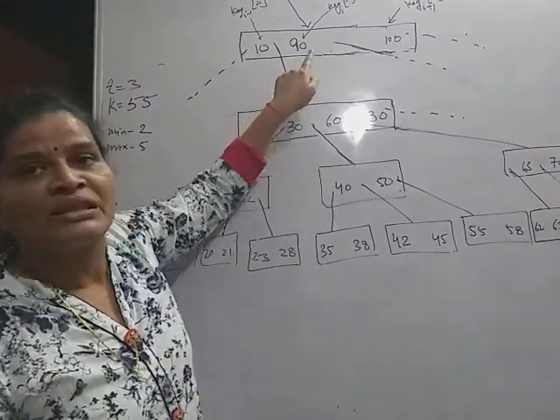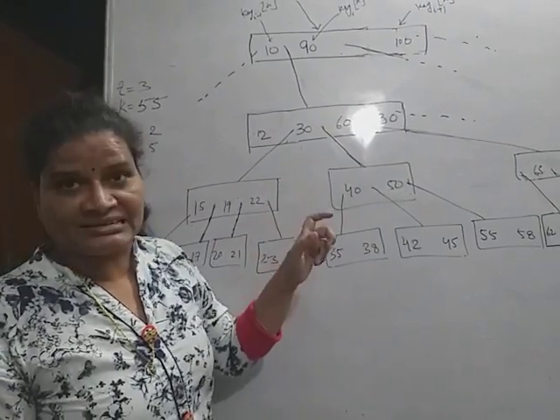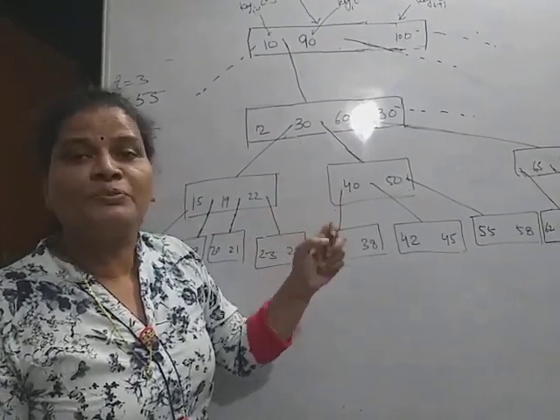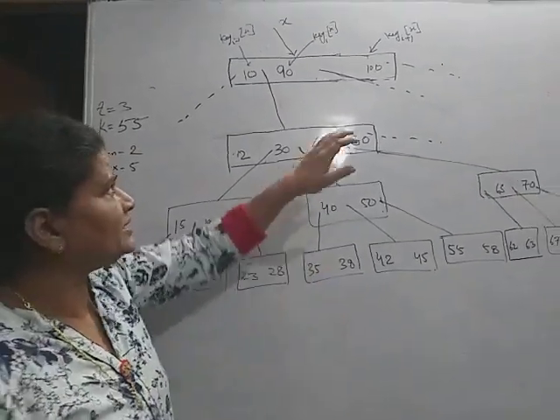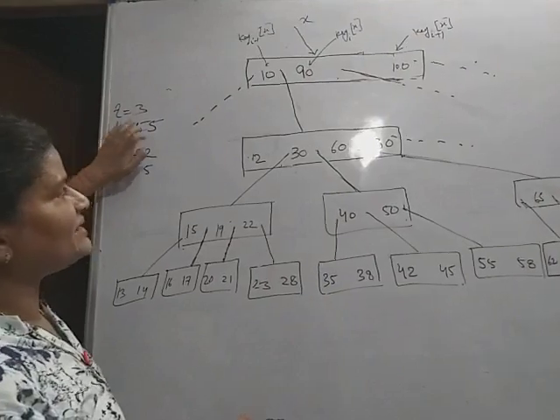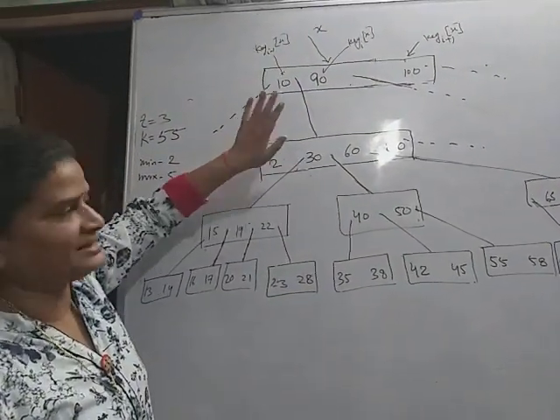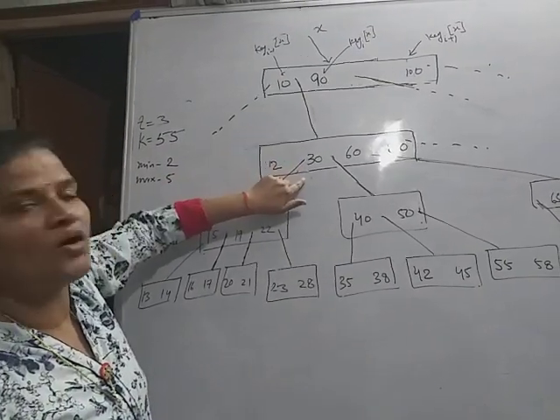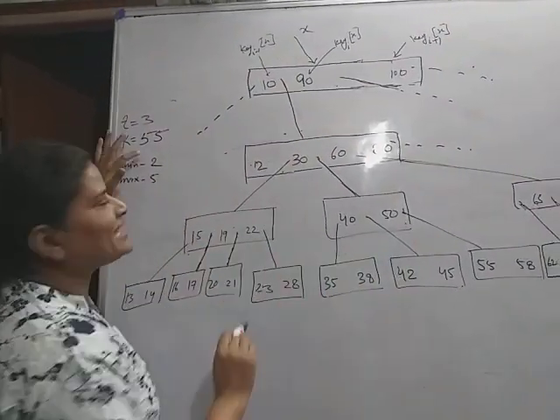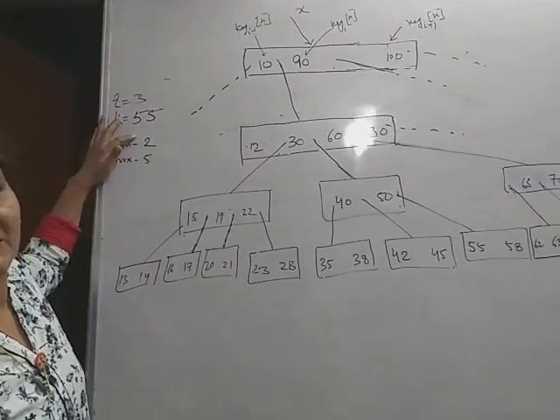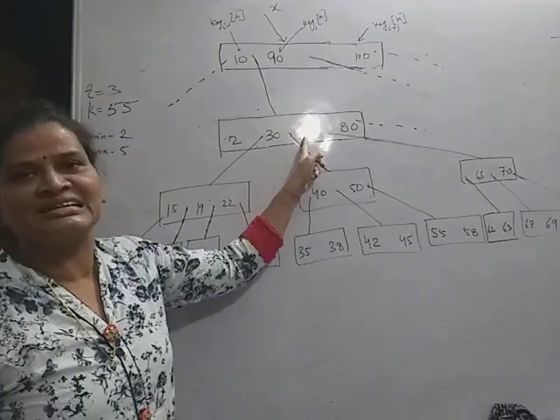So we find the appropriate child, the root of the appropriate subtree where k may be present. Here 55 is greater than 10 and less than 90. So this is the root of the appropriate subtree, the subtree in which k may be present. If it is present, then it must be present in this subtree.